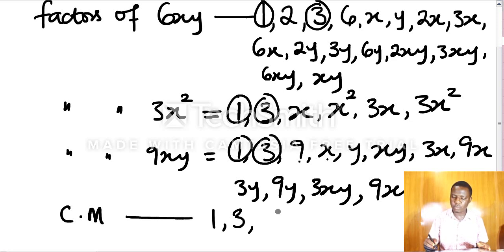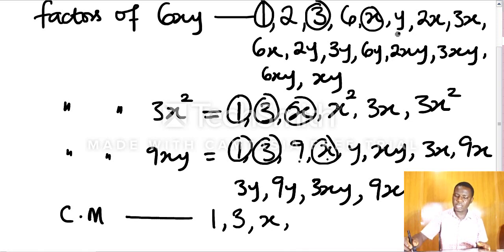Is 6 common? Okay, 6 is here. There's no 6 in these two. X is here. We also have x, and we also have x. So x is a factor. Y, we have y here, but there's no y in this middle term, and we have y here, so y is not common.